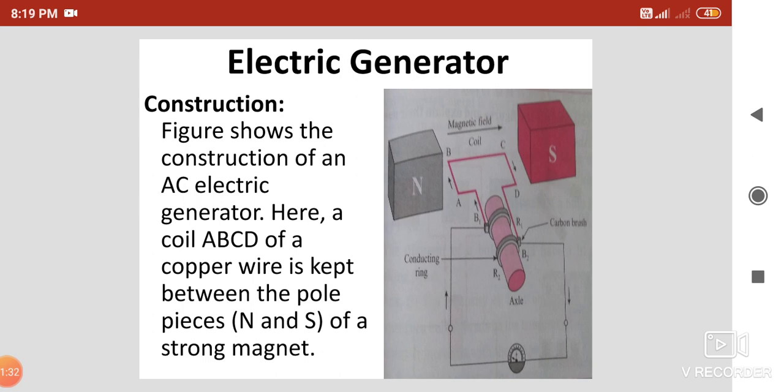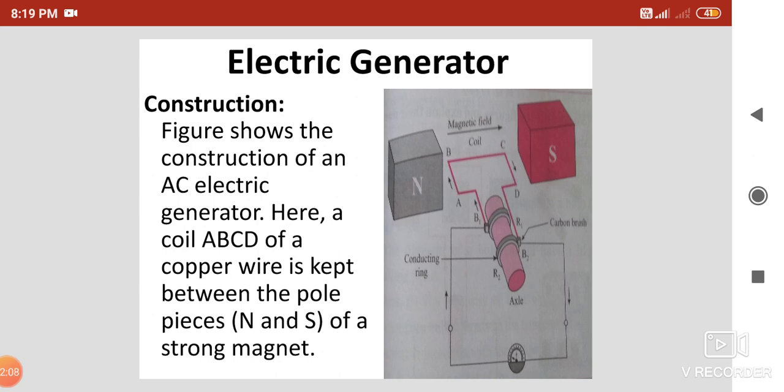Suppose the coil rotates in clockwise direction as observed from side AD, then as branch AB moves upward, the branch CD moves downward. By Fleming's right hand rule, the induced current flows in the direction from A to B, from B to C, then C to D, and in the external circuit. It flows from B2 to B1 through the galvanometer.